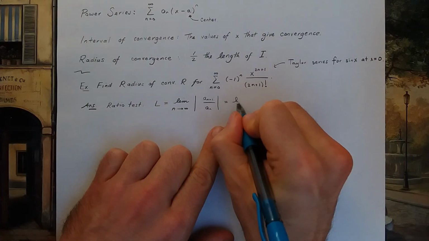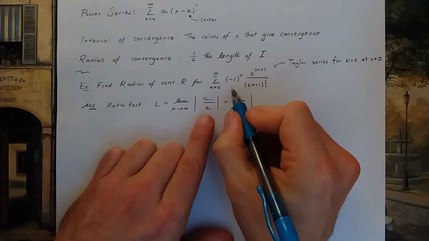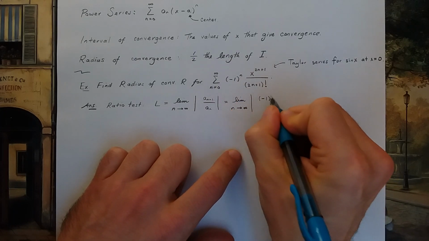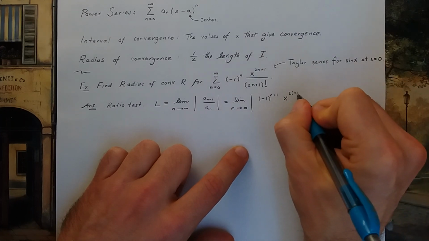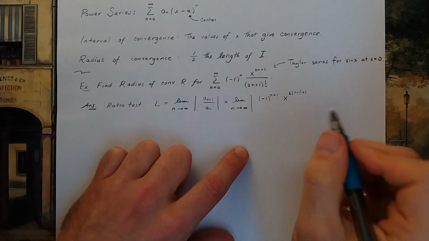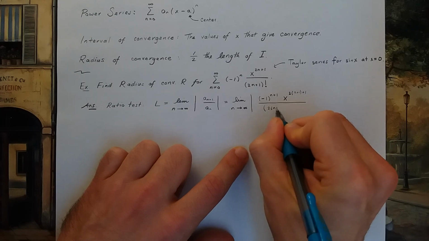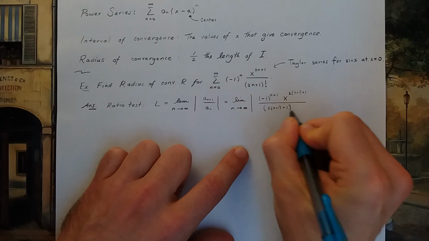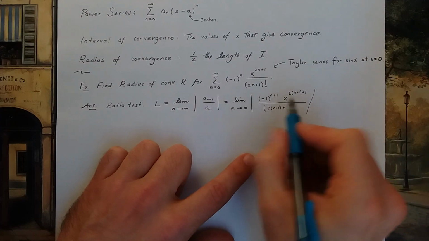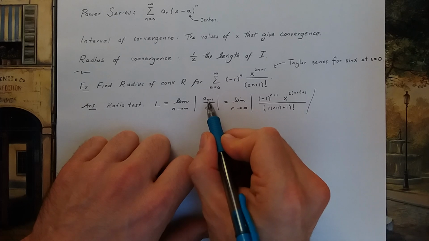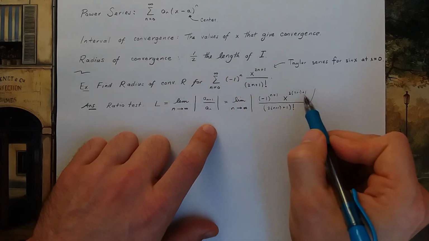So what is that here? It's the limit as n goes to infinity. The n plus 1 term would be minus 1 to the n plus 1, x to the 2(n plus 1) plus 1, divided by 2(n plus 1) plus 1 factorial, divided by the nth term. Notice though, to get the n plus 1 term, I just took every n I saw here and replaced it with n plus 1.